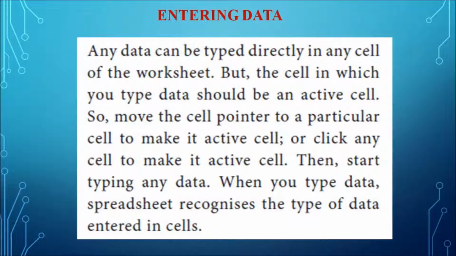Then we can type the data. Wherever we need the data to be typed, we first have to ensure the cell is an active cell with the help of the thick rectangular box. After making the cell active, we can type the data directly.